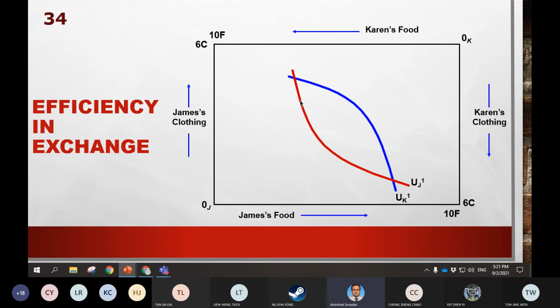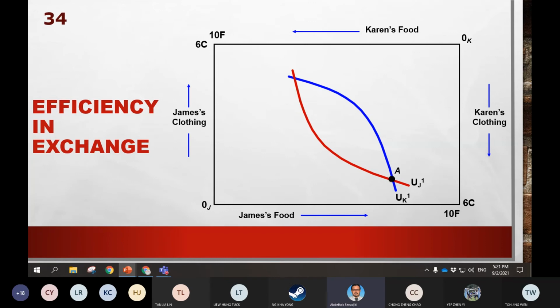The indifference curve means that James can have any combination between clothes and food along this curve and have the same welfare. Same for Karen. So let's examine this curve. We label them UJ1 for James and UK1 for Karen.